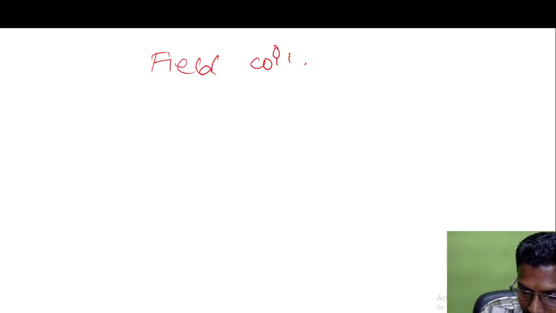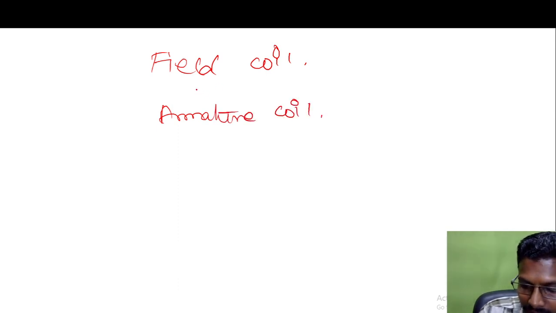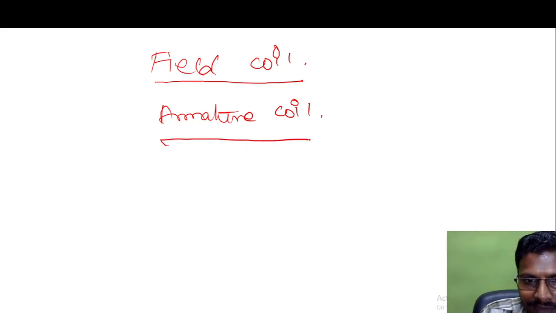In DC generator, I will always be exciting the field coil, and I will be operating the armature coil with the help of a prime mover.